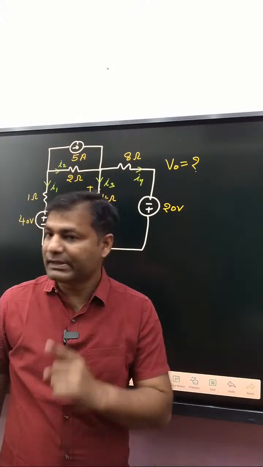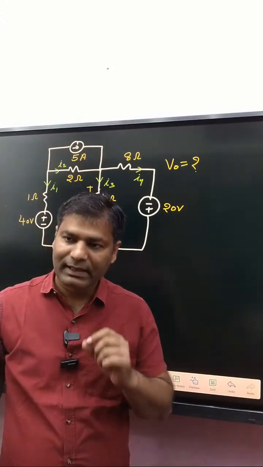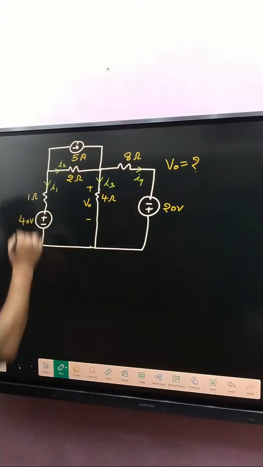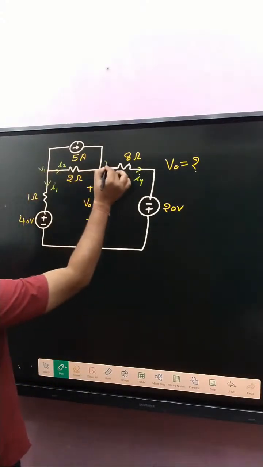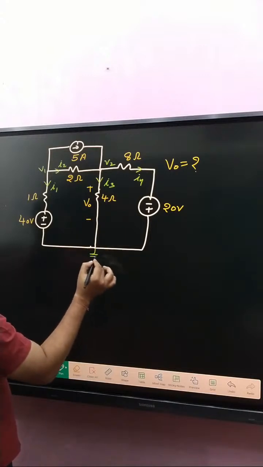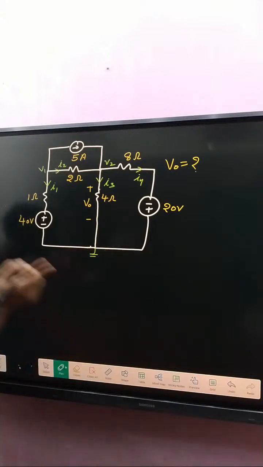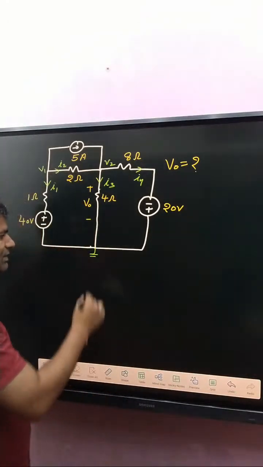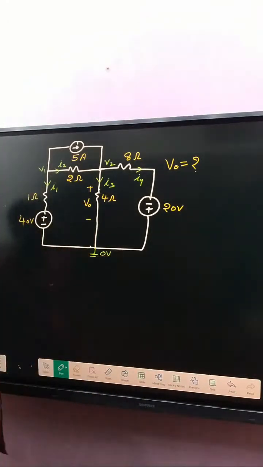Next target is decide node voltage. So that one is V1 and here V2 and that one is the datum node, so V3. And that node we have taken as the datum node, 0 volt.